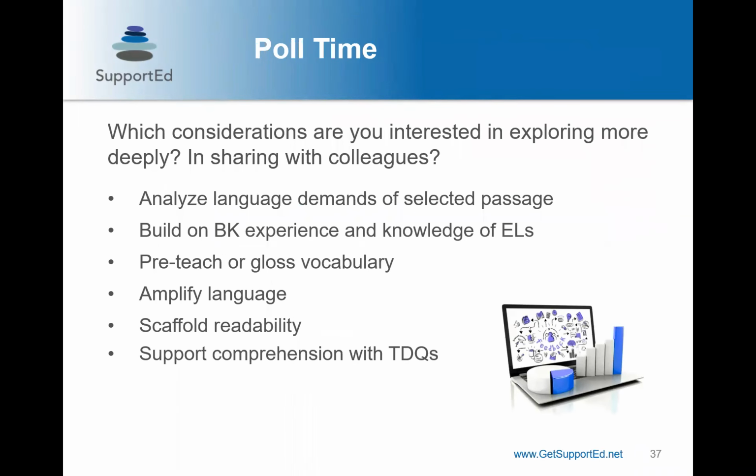Let's take a quick poll. So which of these 6 considerations that we've gone over pretty quickly are you interested in exploring more deeply or sharing with colleagues? Go ahead and check 1 or more boxes of what you're interested in. Is it analyzing the language demands, building on background knowledge, vocabulary, amplifying language, scaffolding readability, or supporting comprehension with TDQs?